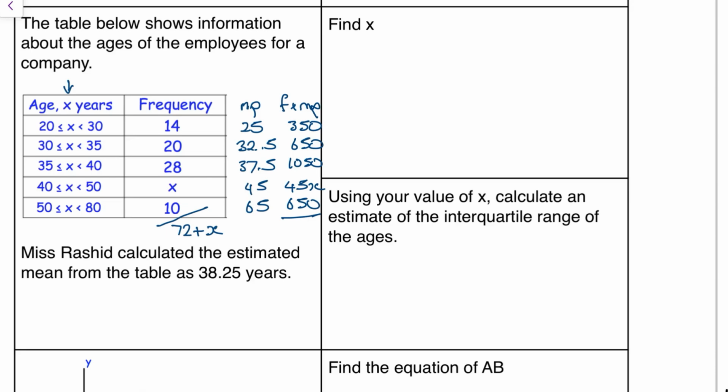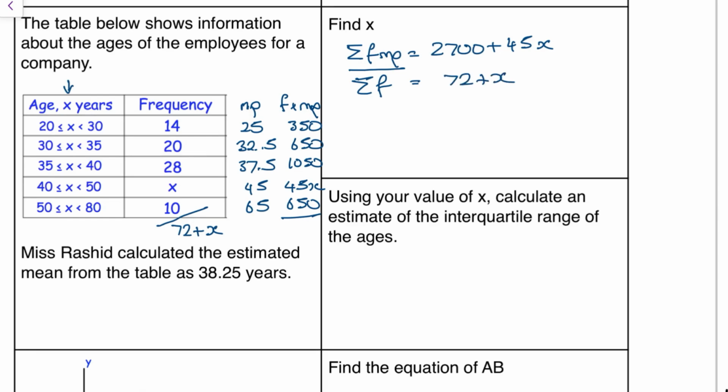And the sum of these, now I'm going to write them over here. So the sum, that just means the sum in set notation. So the sum of f times midpoint is going to be 350, 2700 plus 45x. And the sum of my frequencies, well, I've just worked that out, is 72 plus x.